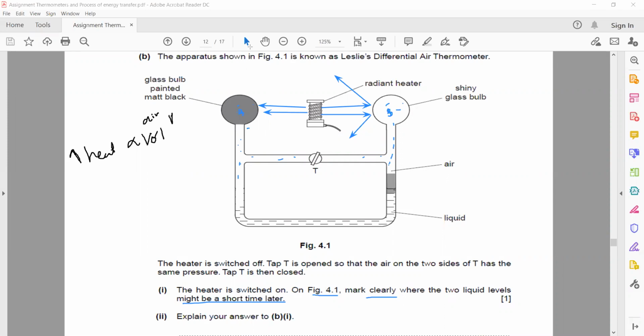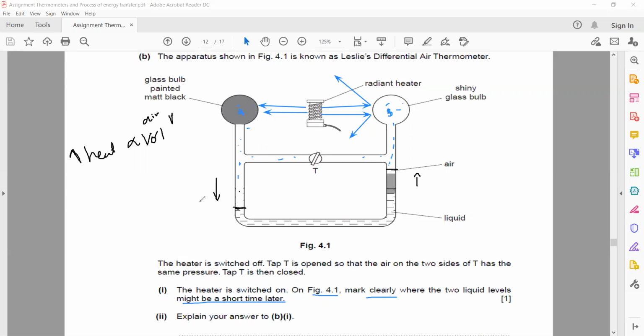The reason is that dull and dark surfaces are good absorbers, so the air present in the glass bulb will absorb energy and expand. That's why it pushes the liquid down. So on one side the level will move down and on the other side the level will rise, because this side is exerting pressure but less pressure as compared to the left hand side.